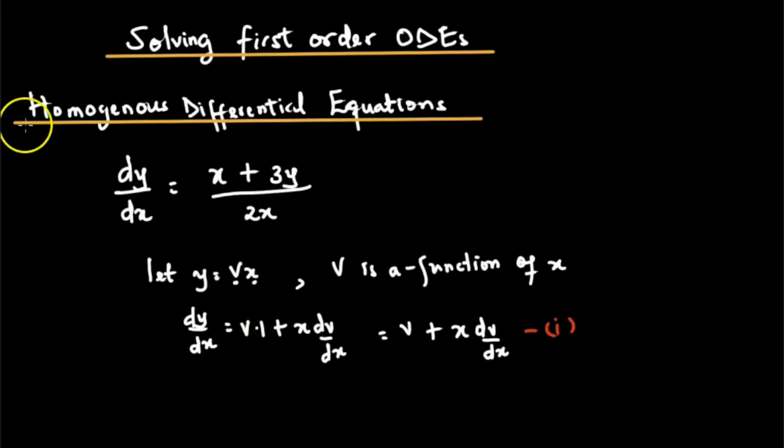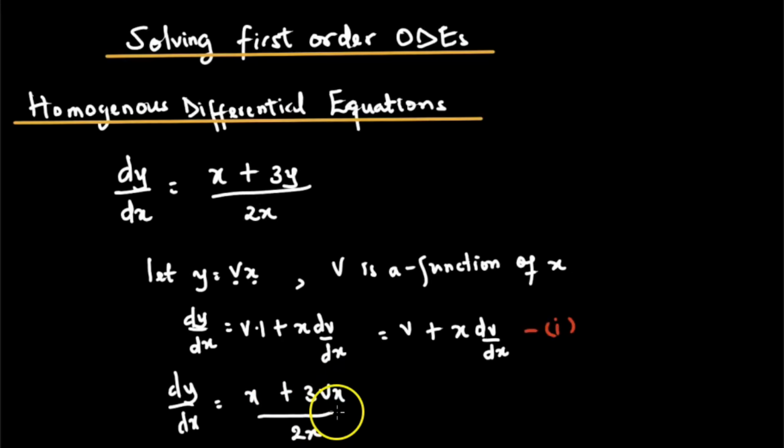Now, the next thing to do is to substitute y into dy dx. Substitute vx into dy dx. From the original question, dy dx is going to be equal to x plus 3vx divided by 2x.